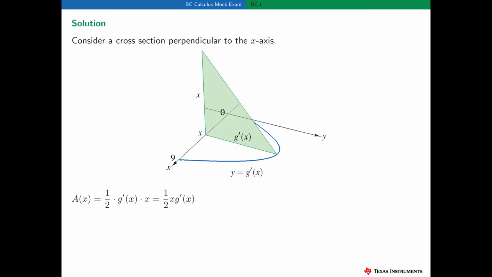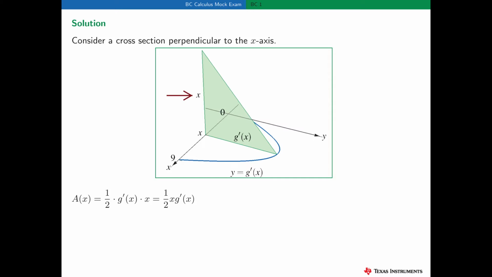So, to solve this problem, we simply need an expression for A of x. I'm going to sketch a graph of the intersection of the plane P sub x and the solid S. That is, an arbitrary cross-section of the solid perpendicular to the x-axis. In my graph, this is the green shaded region.